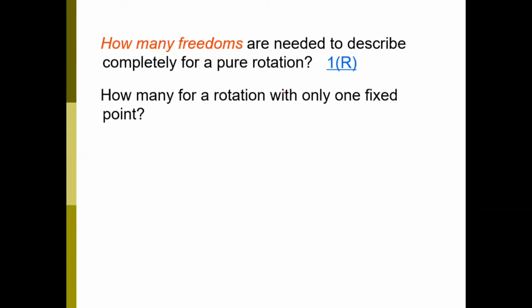Now, how many for a rotation with only one fixed point? Kung isa lang yung fixed point, ilang freedoms meron? So you need 3 revolution. Take note for this, ha? If you want to describe a pure rotation, you need 1 revolution. If we will talk about fixed point, it needs 3 revolution.